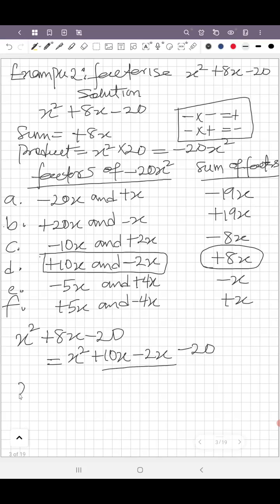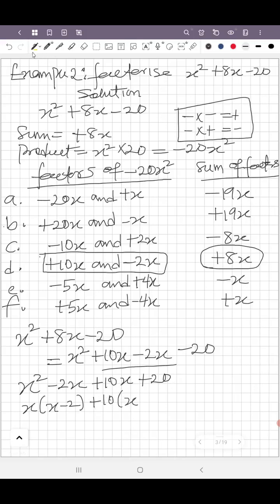So let's rearrange to have x² minus 2x plus 10x minus 20. Let's split it into two. What's common from this side? x is common, it remains x minus 2. Plus 10 is common from 10x minus 20.